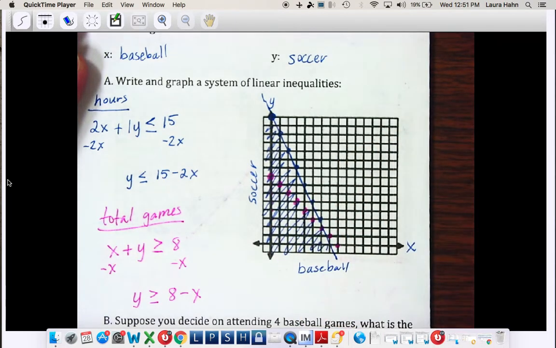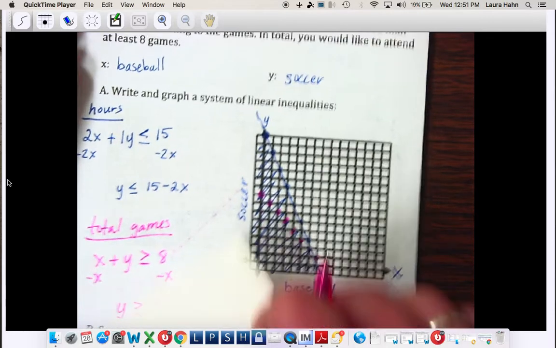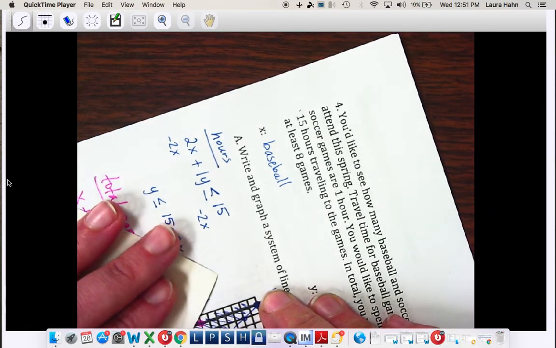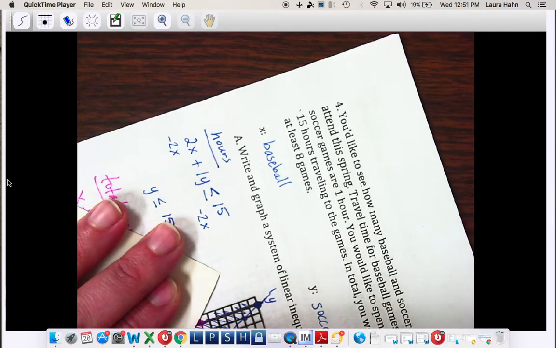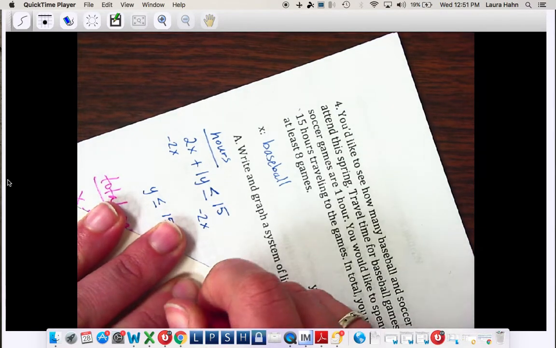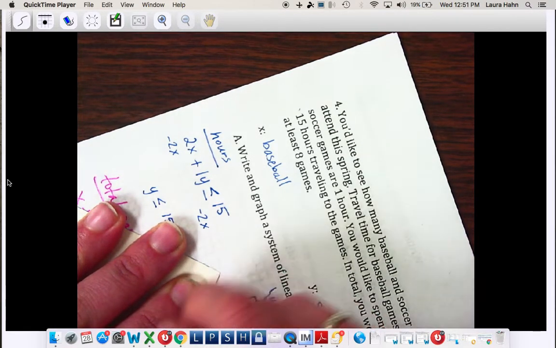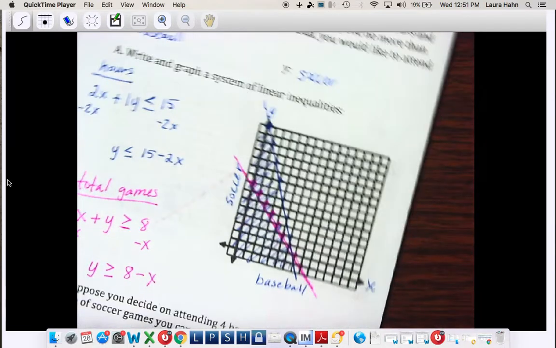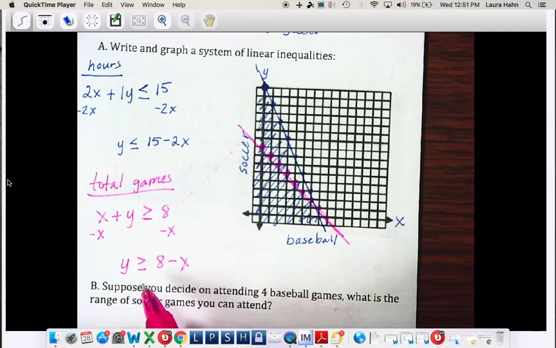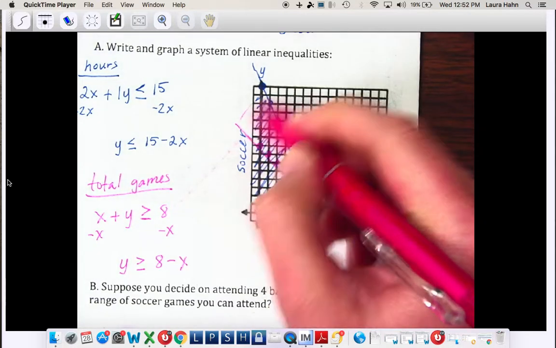The or equal is underneath my inequality, which means I want to use a solid line. A greater than symbol means I need to shade above.